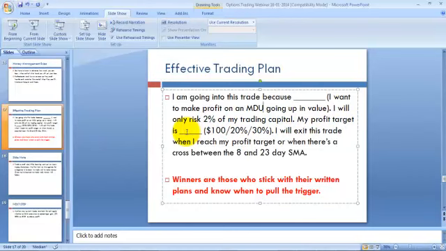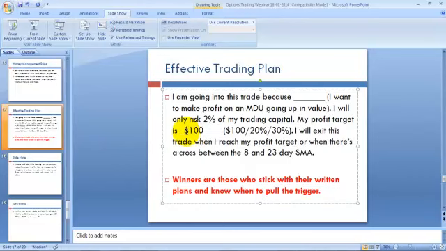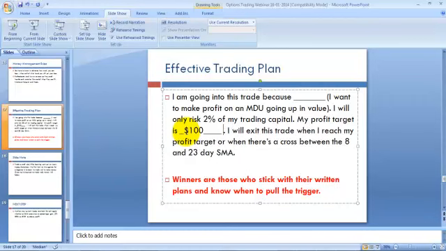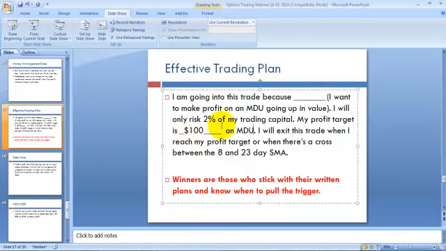My profit target is $100 on MDU. This is what you need to use to tailor individual stock or options. So $100 on MDU.